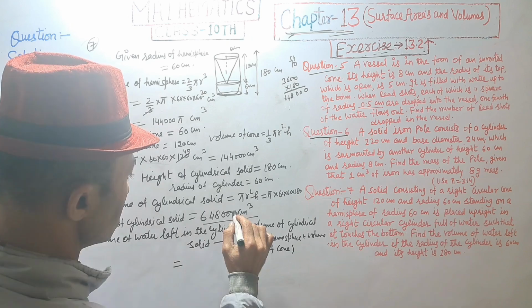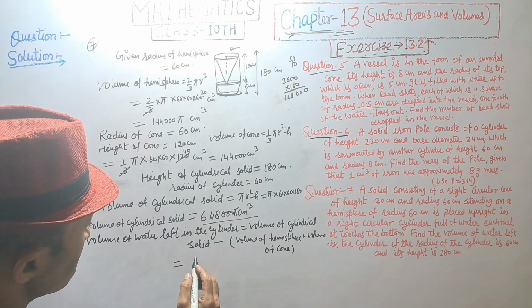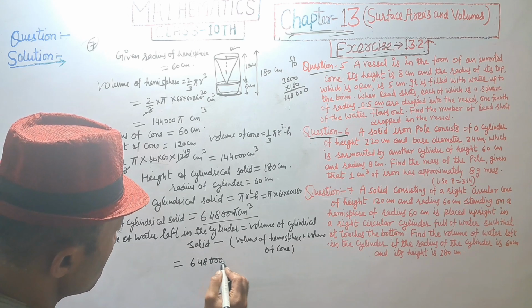That is equal to 648,000 pi minus the sum of this pi.